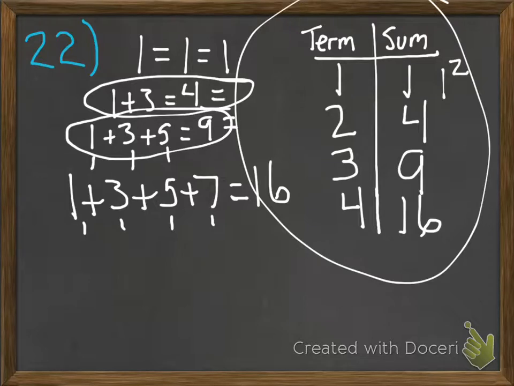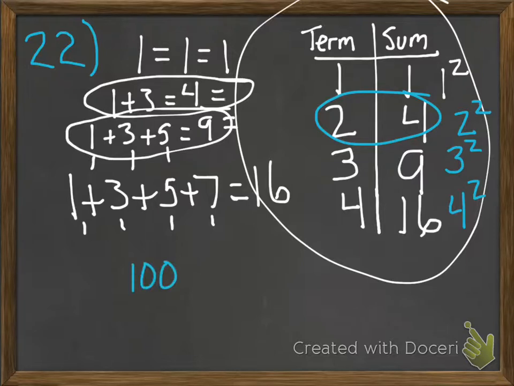This second set in the table right here ends up being 2 squared. The third set of data is 3 squared. And the fourth set of data is 4 squared. So if I have 4 terms, I'd square the number of terms, and that would give me my sum or my total.